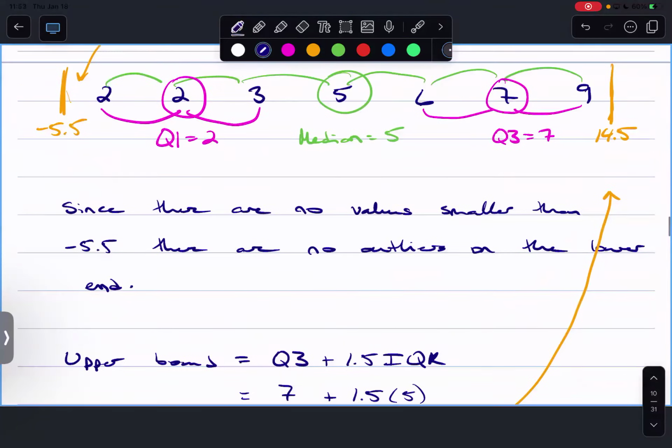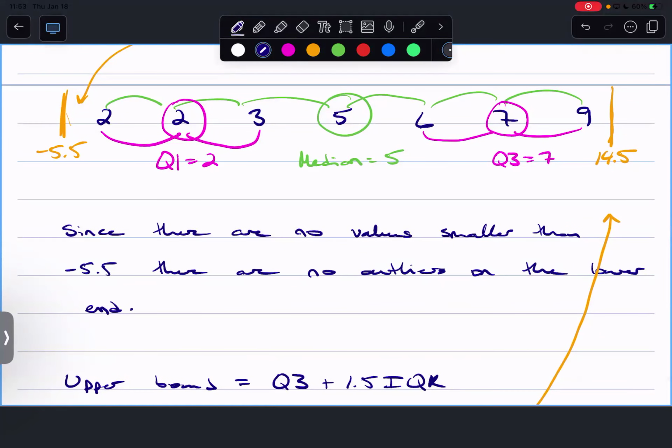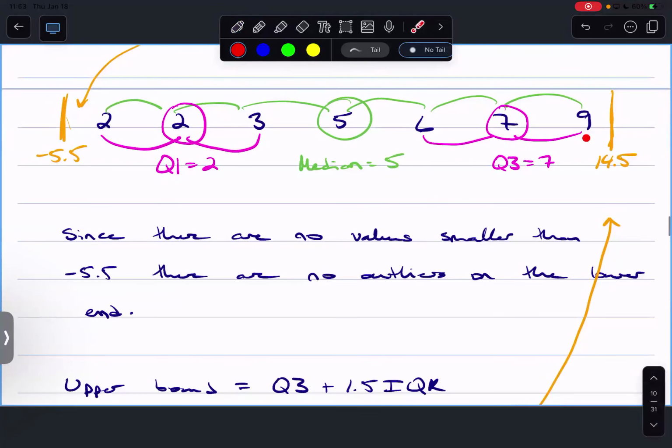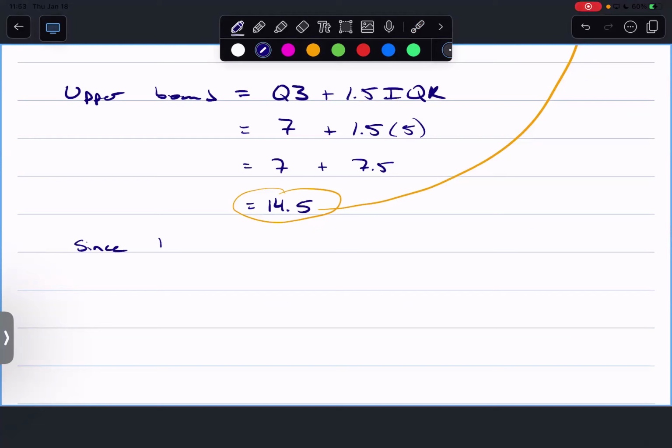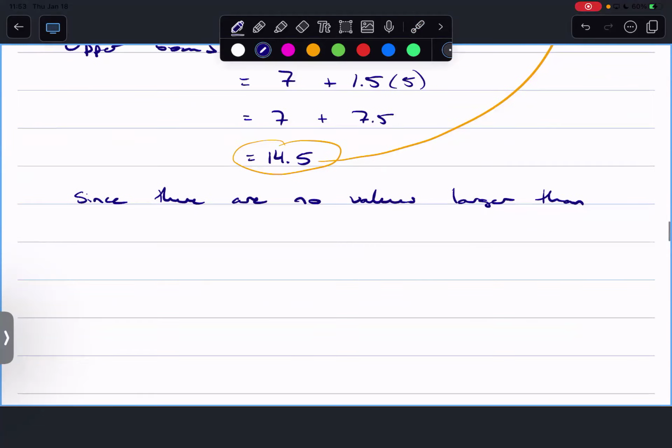So then there are no values beyond 14.5. In fact, you could take it as far as there are no values beyond 9, which is less than 14.5, but you always want to talk about the 14.5. So I'm just going to say, since there are no values larger than 14.5, there are no outliers on the upper end.